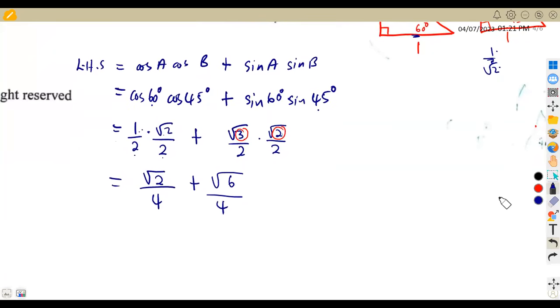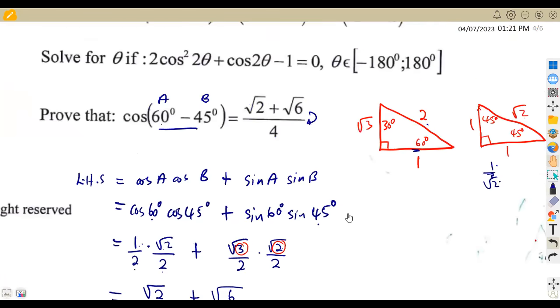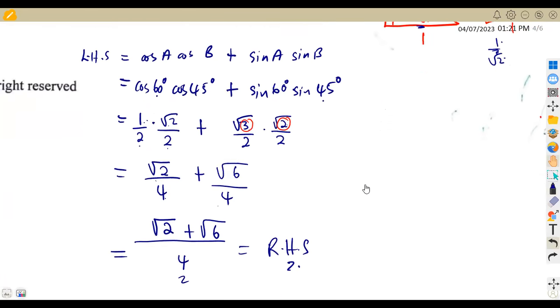Since the denominators are the same, I can simply add the numerators together, which means I'm having square root of 2 plus square root of 6 over 4, which is the same as what we were given on the right-hand side. In this case, we have managed to prove that this is equal to what we have on the right-hand side.